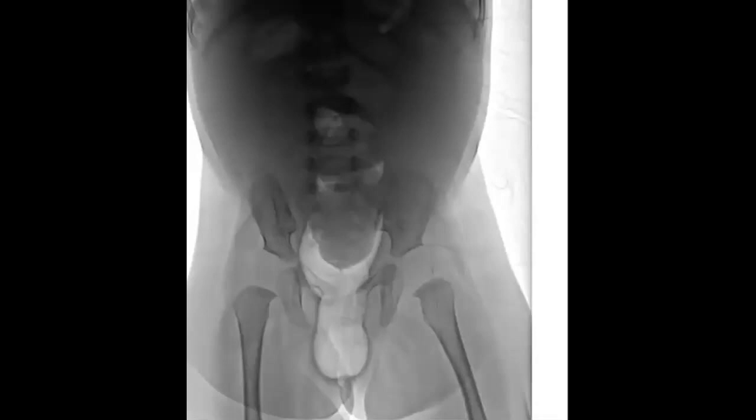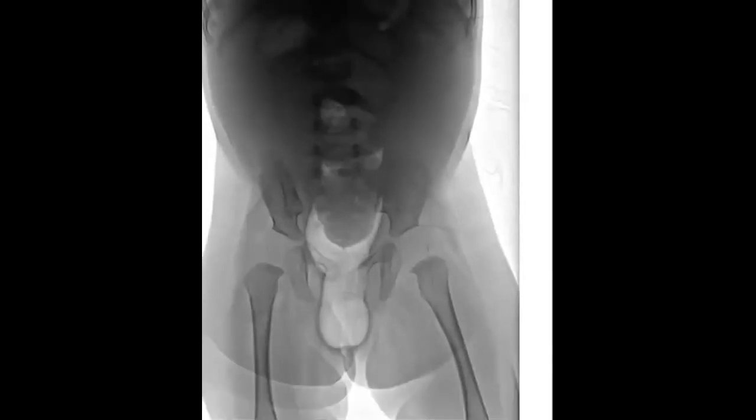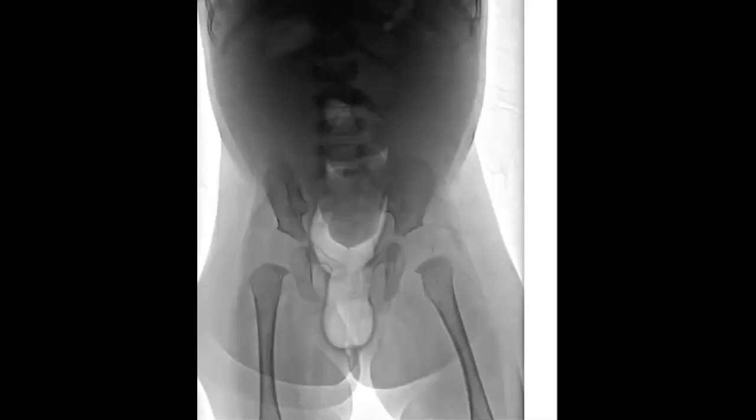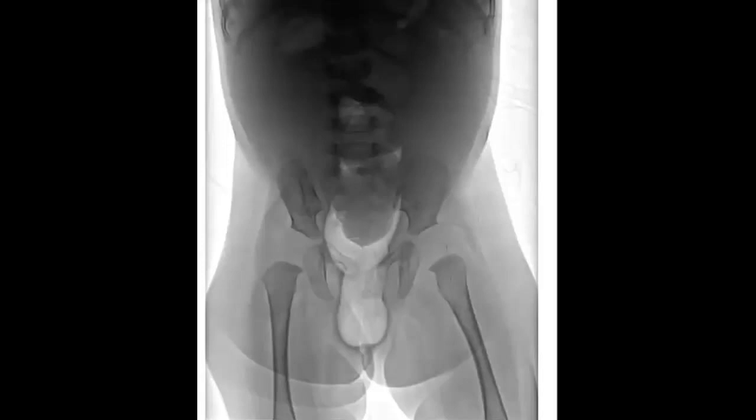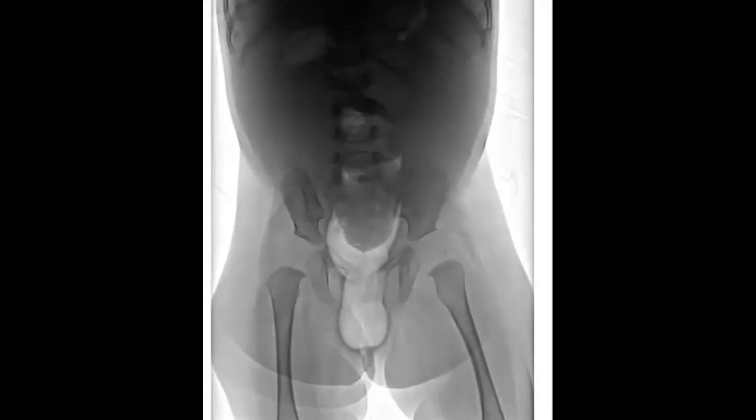This one, what is this? So this one is the pneumatic reduction with air. You try to reduce the intussusception. So this one intussusception.